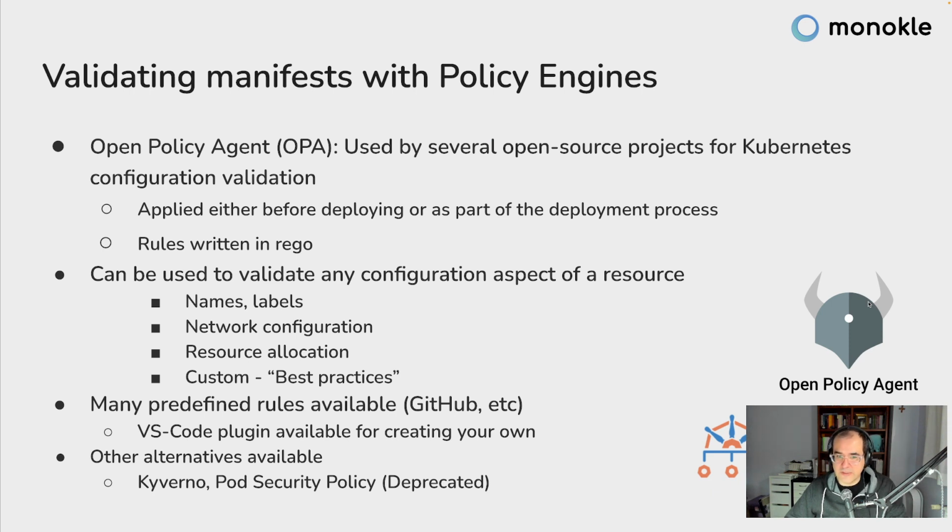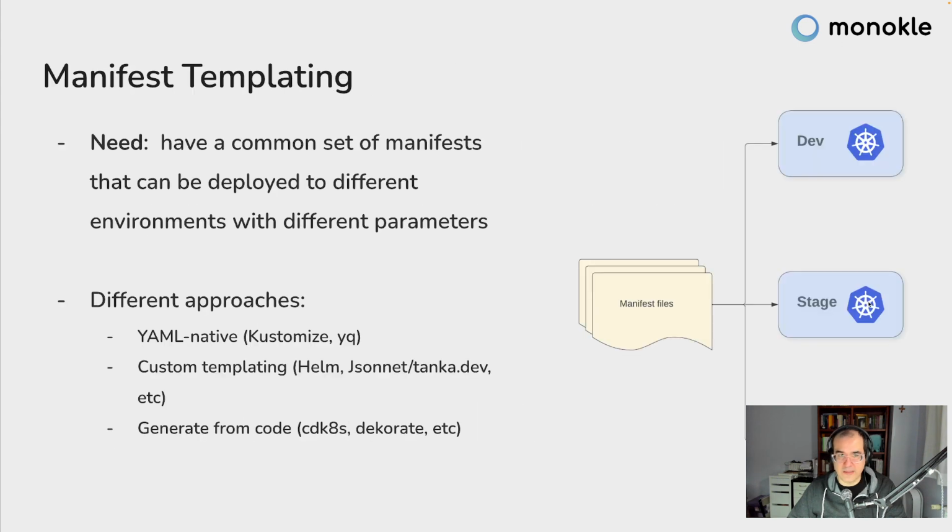So you can go to GitHub, you can search on the internet, and there are basically people sharing their Rego policies, so you can copy and paste them and modify them. And also, there are plugins for VS Code that allow you to define those rules easily using a Rego plugin. That makes it quite easy to use. If you don't want to use Open Policy Agent, you can use others like Kyverno, which is also very used in Kubernetes.